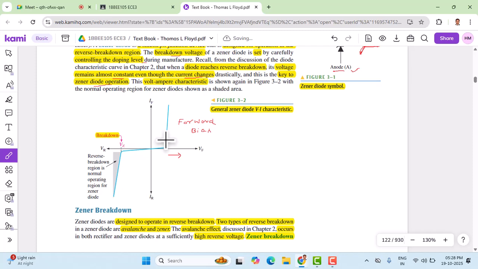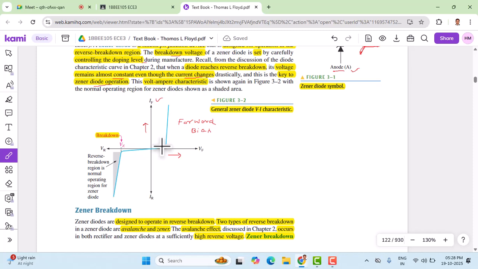We have the forward voltage along the x-axis, and the y-axis in the first quadrant represents the forward current. The graph of forward voltage to forward current is exactly similar to the normal PN junction diode. We don't have any changes.